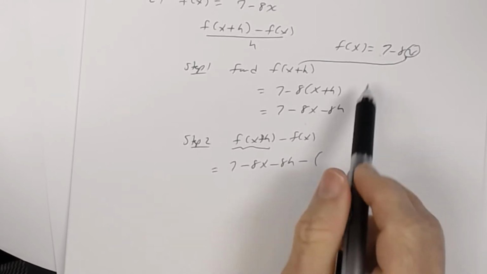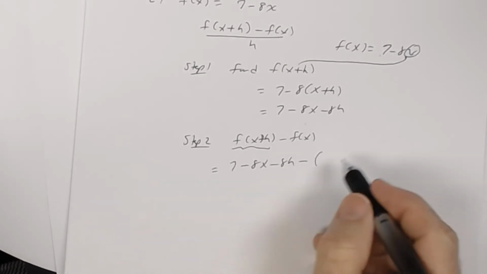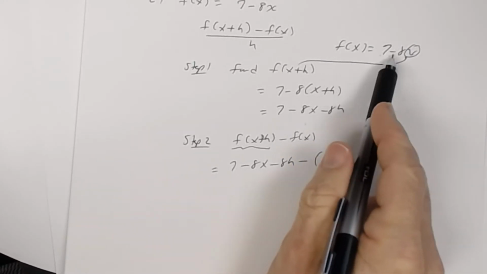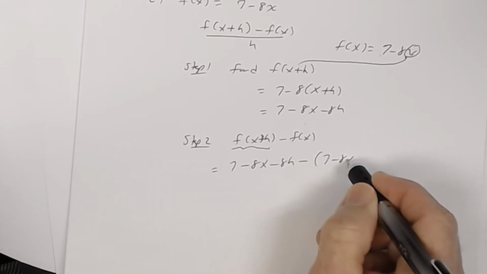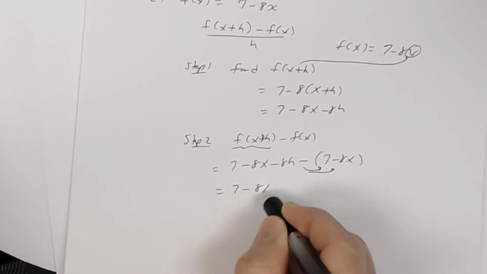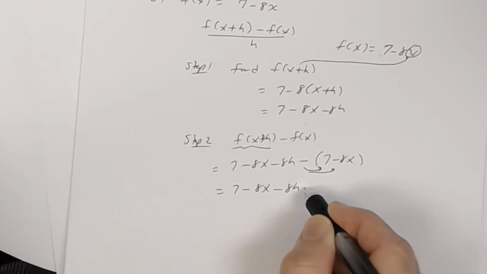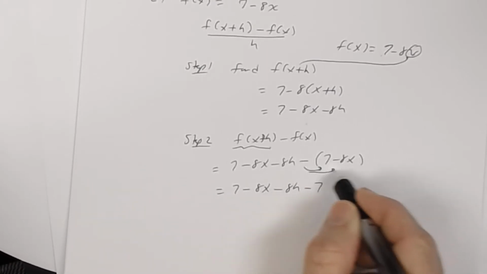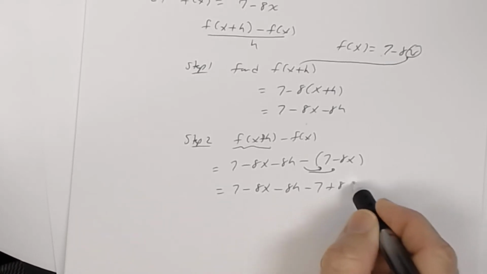So it's important you put that in parentheses, which is 7 minus 8x. Remember, that's f of x. f of x is this. So 7 minus 8x. Now get rid of the parentheses. So I get 7 minus 8x minus 8h minus 7. And then when you subtract the negative 8x, that becomes a positive 8x.